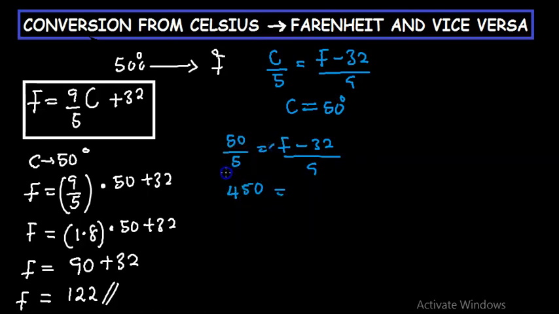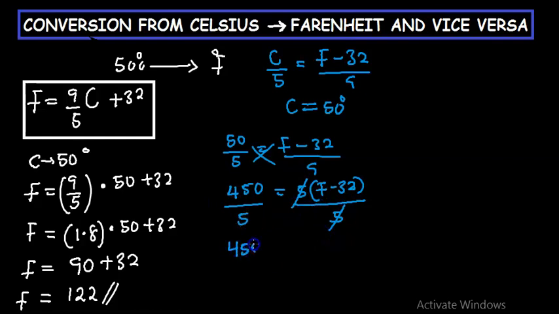If you notice, at the right hand side we have 5 outside of the bracket. We're going to use that 5 and divide both sides. Here 5 will cancel 5. We're going to be left with 450 divided by 5, which is equal to F minus 32.